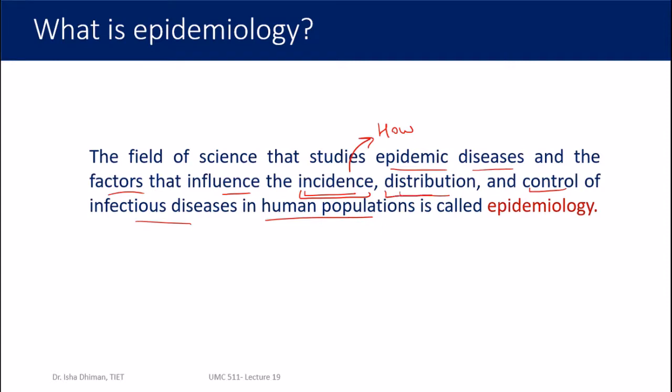How it is getting distributed, like person to person, what is the rate of transmission, if one person gets infected, how many other persons it can infect. And most importantly, people are trying to know how to control this, like creating vaccination and other things to find a cure or treatment of that disease. So all those aspects are covered in epidemiology.